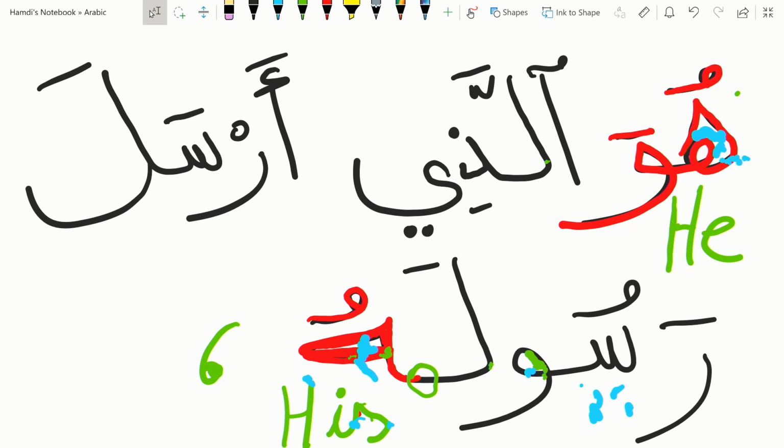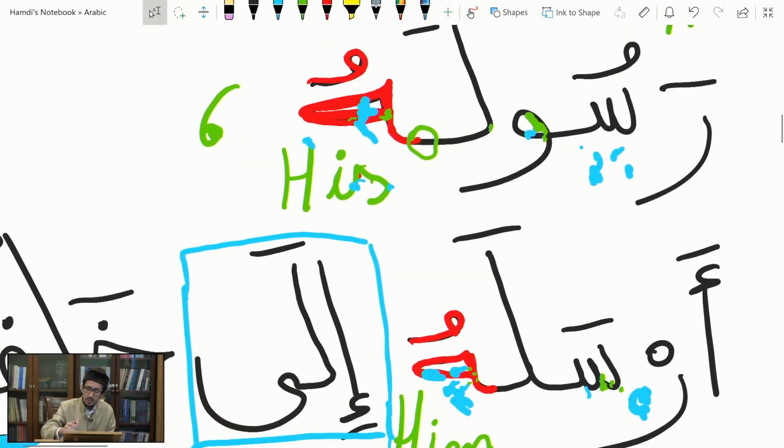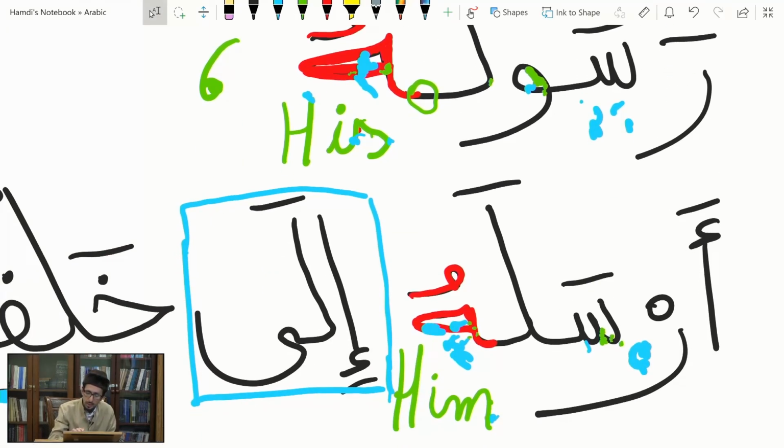Now we are going to study these ones. رسوله, it's an attached pronoun to the noun. أرسله, it's an attached pronoun to the verb.